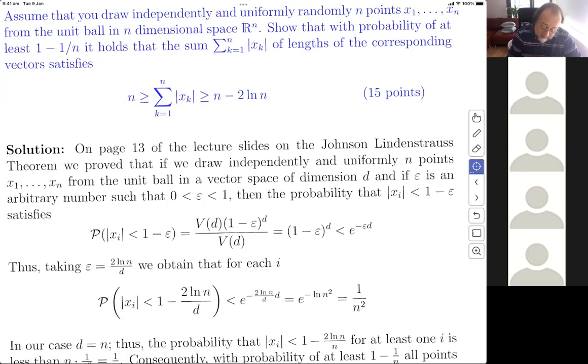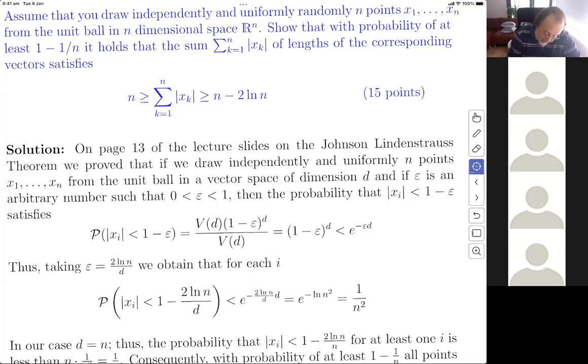On page 13 of the lecture slides on Johnson-Lindenstrauss, we proved that if we draw independently and uniformly n points x1 to xn from the unit ball of dimension d, and if epsilon is any number between 0 and 1, then the probability that the length of a randomly drawn vector is smaller than 1 minus epsilon is smaller or equal than e to the minus epsilon d.